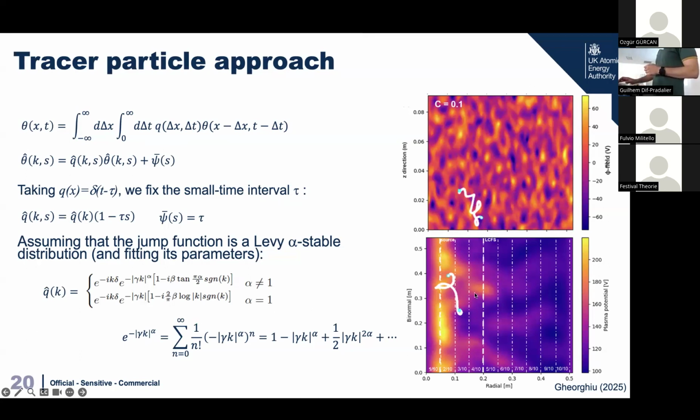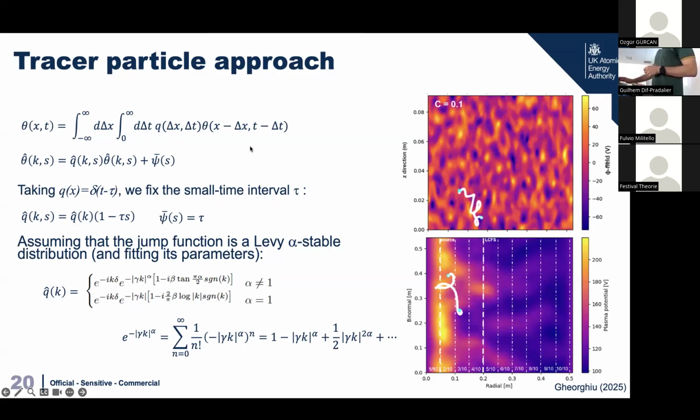So you have filaments that are emerging and then they are moving into the boundary region in contact with the wall. So we used tracer particles. We did the turbulence simulations, then we launched tracer particles. We looked at how they were moving, and looking at their jumps, we calculated the jump function.